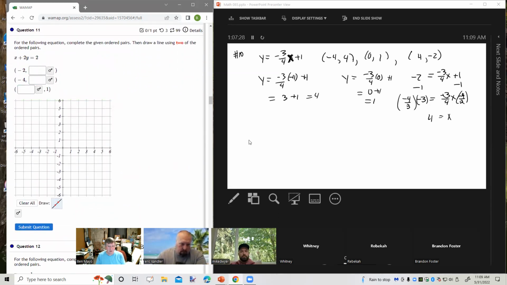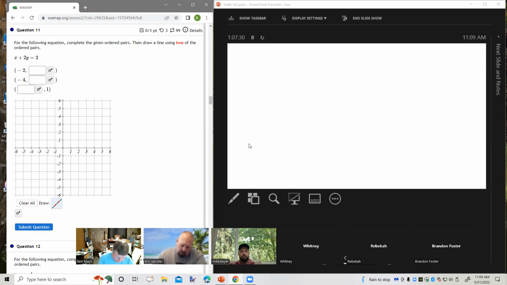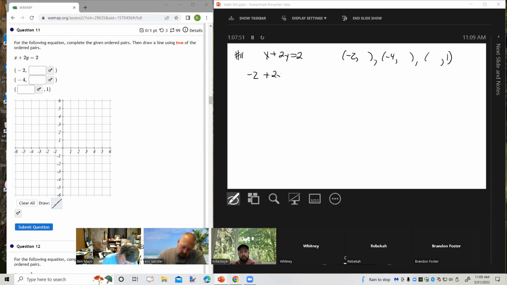Same type of problem again. Number 11, x plus 2y equals 2. We're going to complete the ordered pairs, -2, something, -4, something, and something, 1. If x is -2, we get -2 plus 2y equals 2.